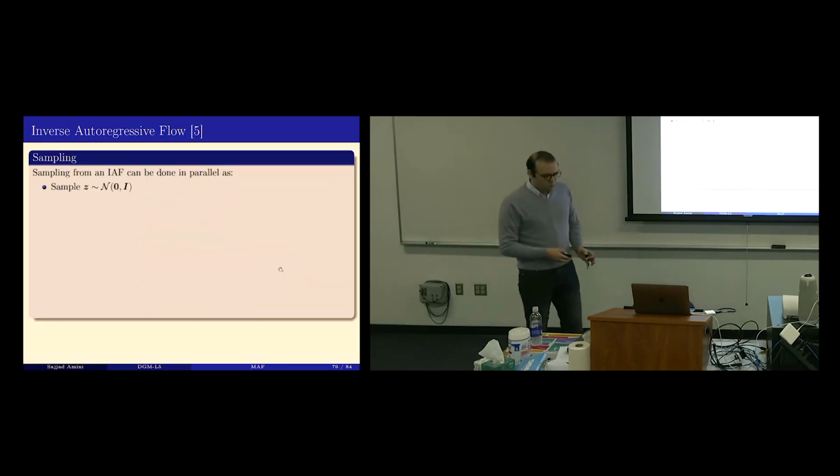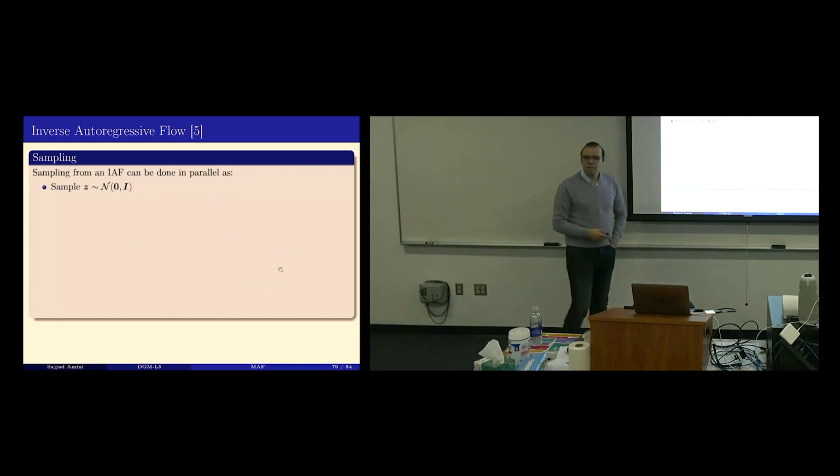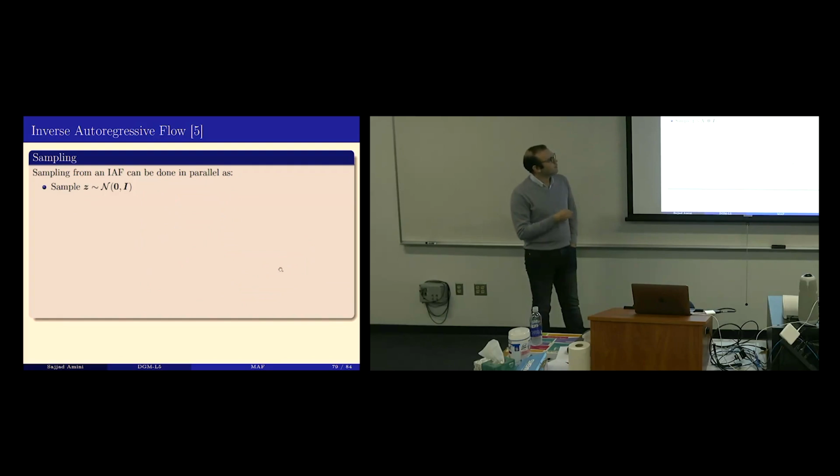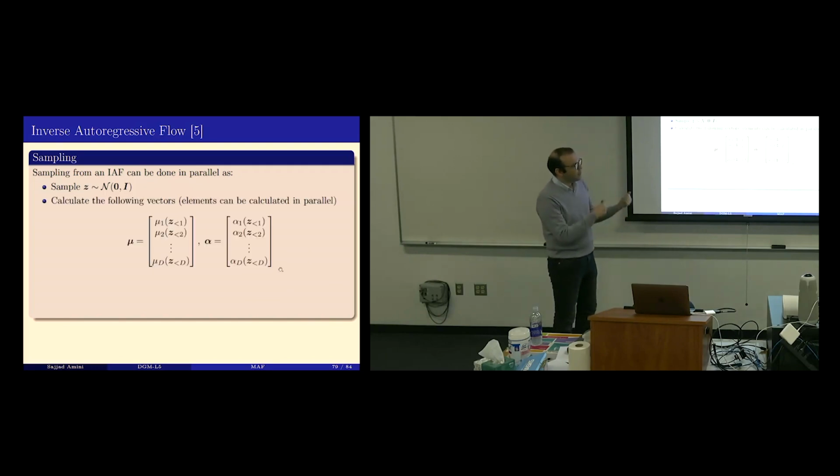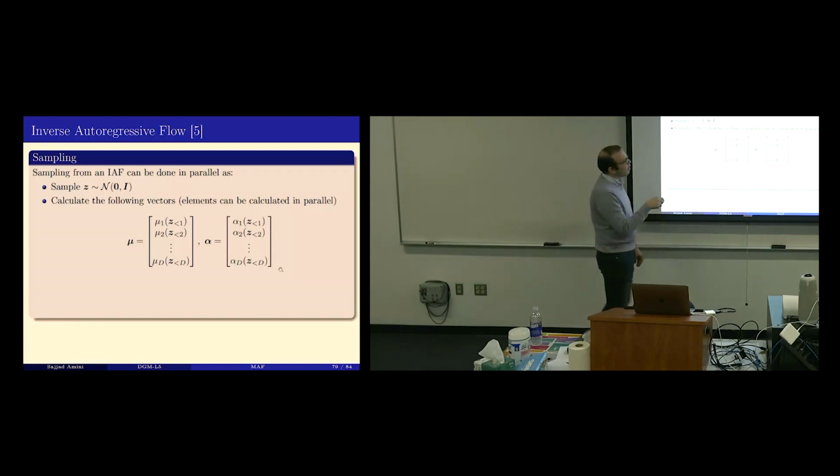Okay. So let's think of sampling and likelihood calculation for the IAF, Inverse Autoregressive Flow. For the sampling, in contrast to the previous one, where the sampling was sequential, here the sampling is in parallel. How? Because when you have Z, you can easily compute both the mu and the alpha vectors, and having access to mu and alpha vectors, you can calculate X using this transformation.